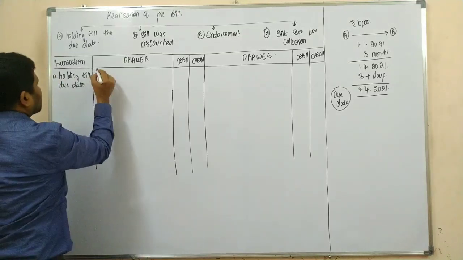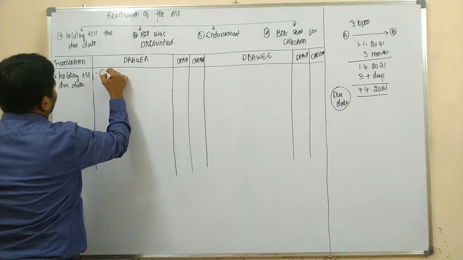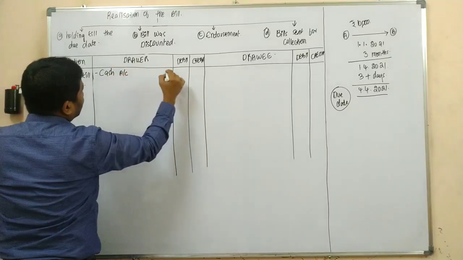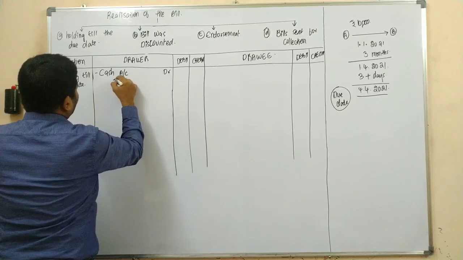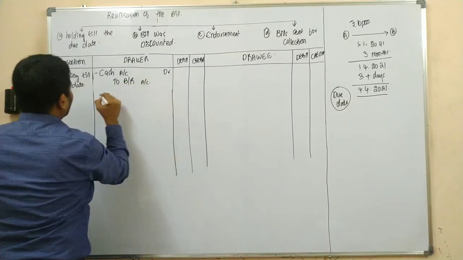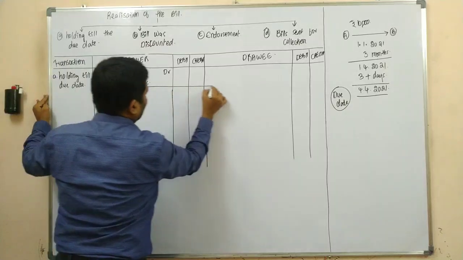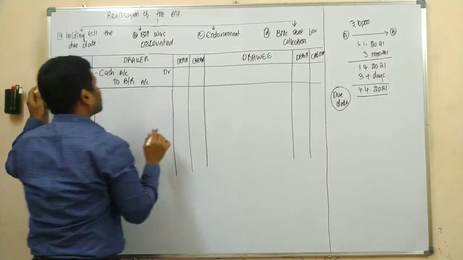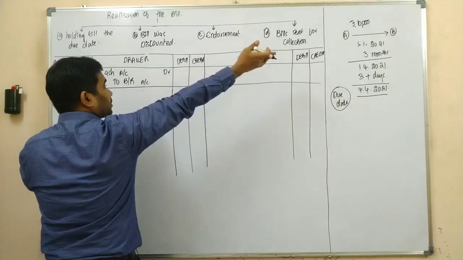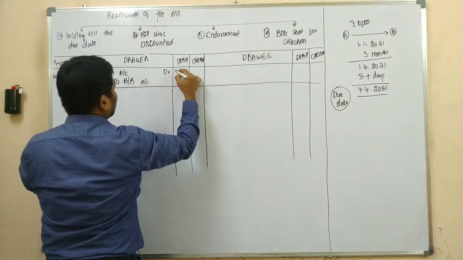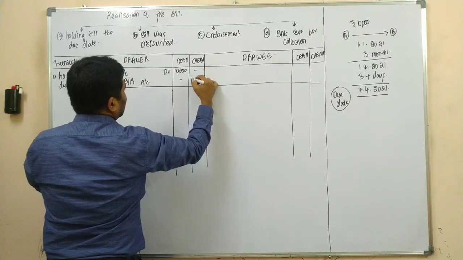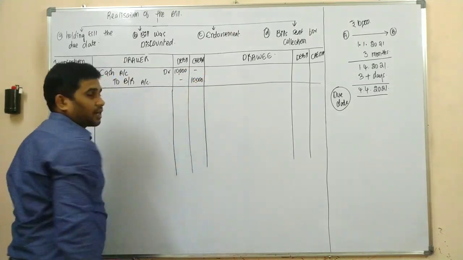So in that case, what is the journal entry, sir? The journal entry would be, as he is receiving the cash, cash account debit to bills receivable account. Yes or no? How much was the amount of bill, sir? The amount on the bill would be 10,000 rupees debit, 10,000 rupees credit.